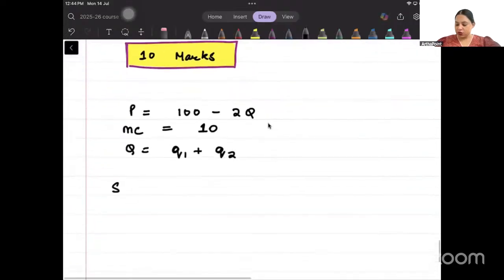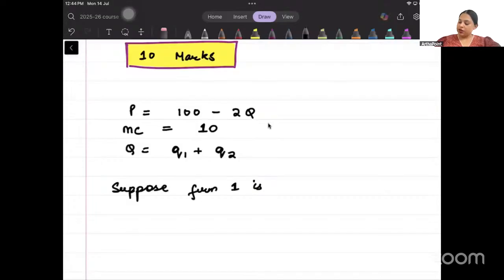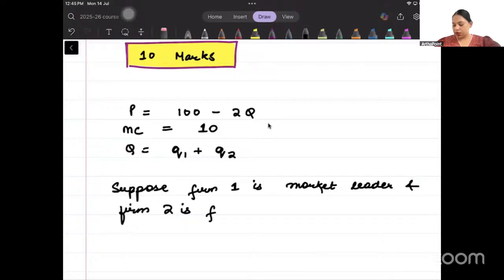It says, suppose firm 1 is market leader and firm 2 is follower. Firm 1 decides its output first.